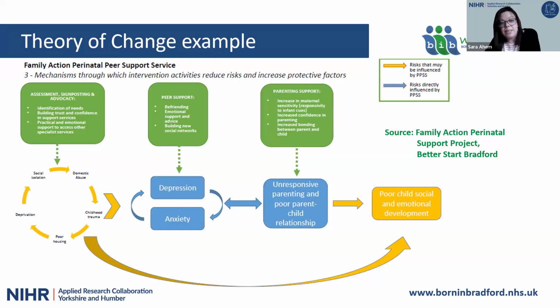Parents experiencing depression and anxiety are more at risk of demonstrating unresponsive parenting and poor parent-child relationships, and children experiencing poor parent-child relationships are more at risk of poor social and emotional development. So it really just shows you that link between the risk factors, why we need to do something really for these parents experiencing depression and anxiety.